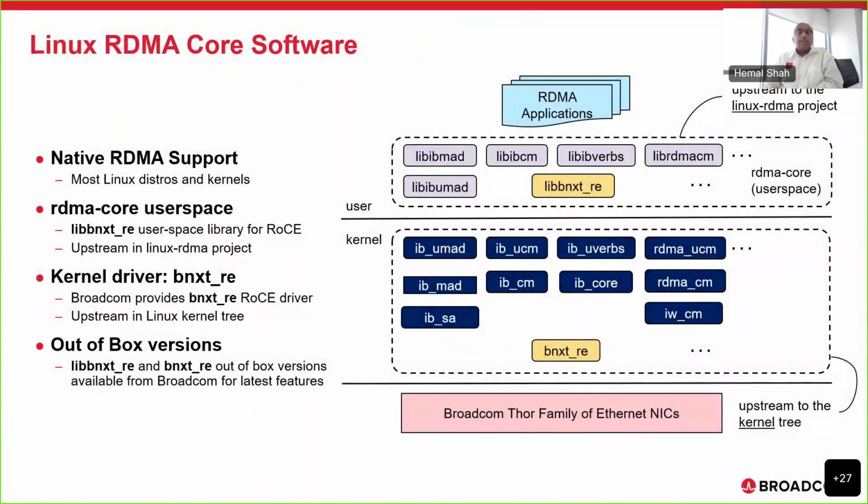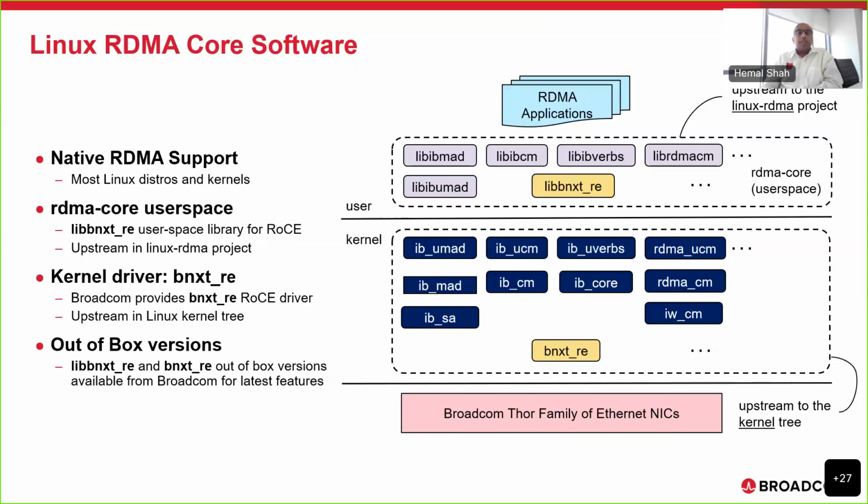So for Linux, we zoom into the Linux RDMA core project. If you look at it, the Linux RDMA core project has been around for quite some time. It's mature. All the library support for connection management, address management, upper level IB verbs support is already in there. All these components are part of major Linux distros and kernels.